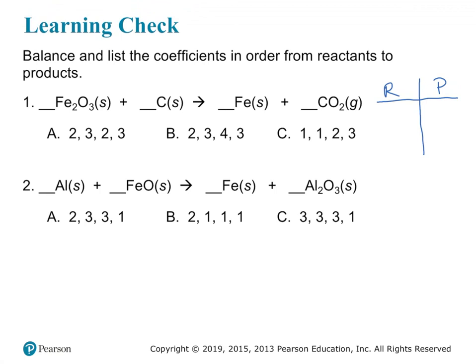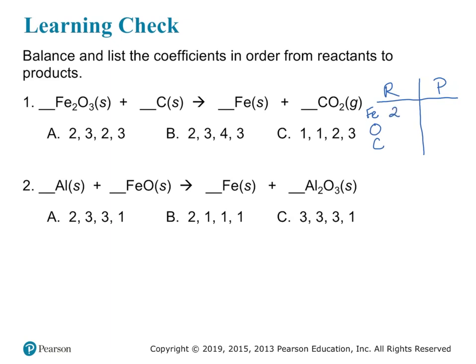And in this reaction, we have Fe2O3 reacting with carbon, and that's producing iron and CO2, carbon dioxide. So it looks like our elements here are iron, oxygen, and carbon. So on the left-hand side, I have 2 iron atoms.